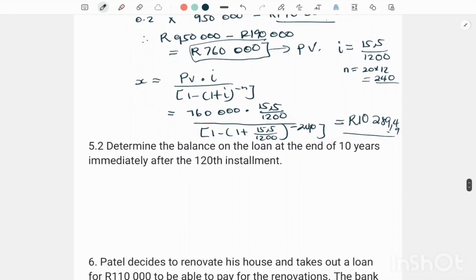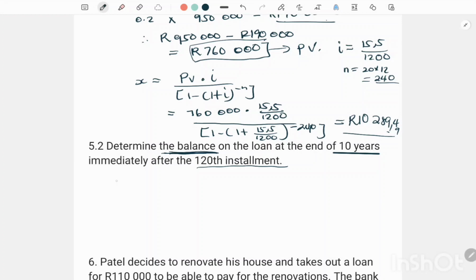Then the second one: determine the outstanding balance of the loan at the end of 10 years, immediately after the 120th installment. So guys, for the outstanding balance, I forgot to mention it when I started the video.